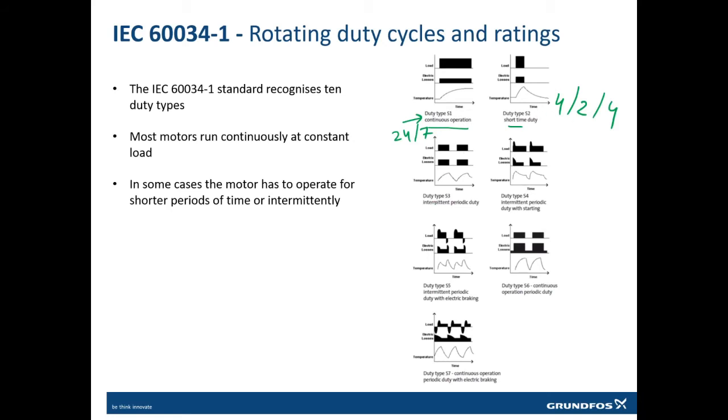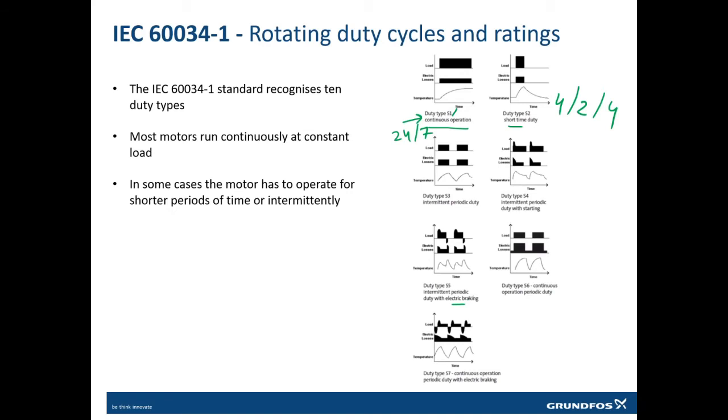Then there is intermittent duty. All of these different duties talk about how long or what type of running a motor can do. Now, is S1 always the best? No, it depends on the motor type or the application you are using the motor for. For example, duty type S5 is intermittent duty with electric braking. That means your application involves stopping the motor also, forcefully stopping the motor once your application is stopped.